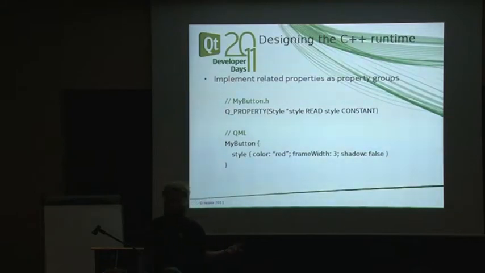There are two ways of writing, two syntaxes. It's either the one with the brackets, and you can set all the properties you want. You don't have to set any, but whatever you want to set, you can set there, and the rest gets the default value. And the other one is the dot syntax: style.red, style.frameWidth, and so on.